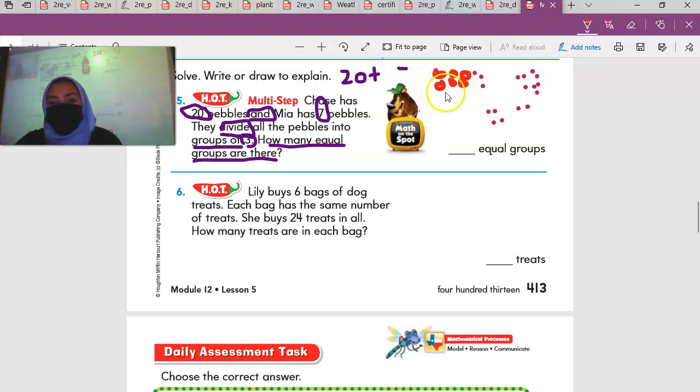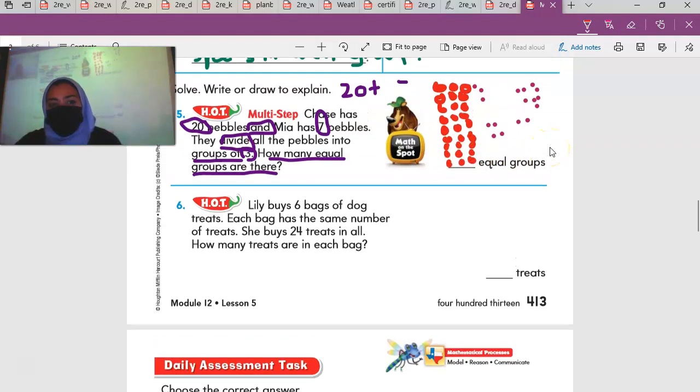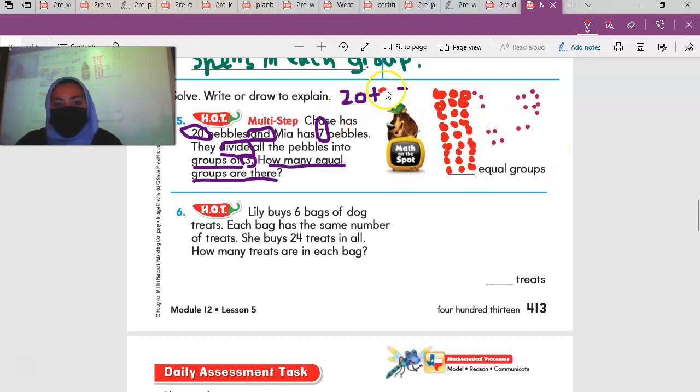I have 6. 7, 8, 9, 10, 11, 12, 13, 14, 15, 16, 17, 18, 19, 20, 21, 22, 23, 24, 25, 26, 27. There's 27 pebbles, aren't there? Right? 20 plus 7 is 27.